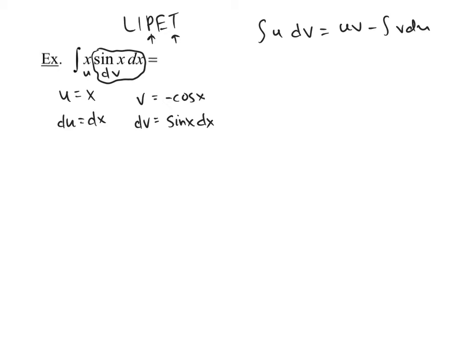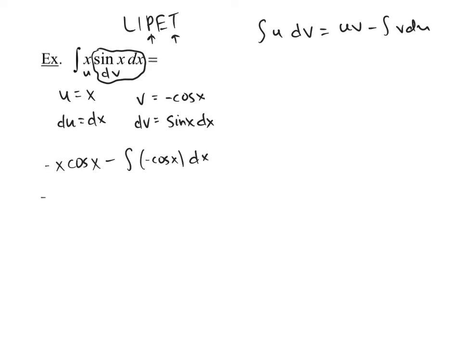Now that I have those things ready, I'm going to use the formula. So u times v will be negative x cosine x, minus the integral of v, negative cosine x, times du, which is dx.